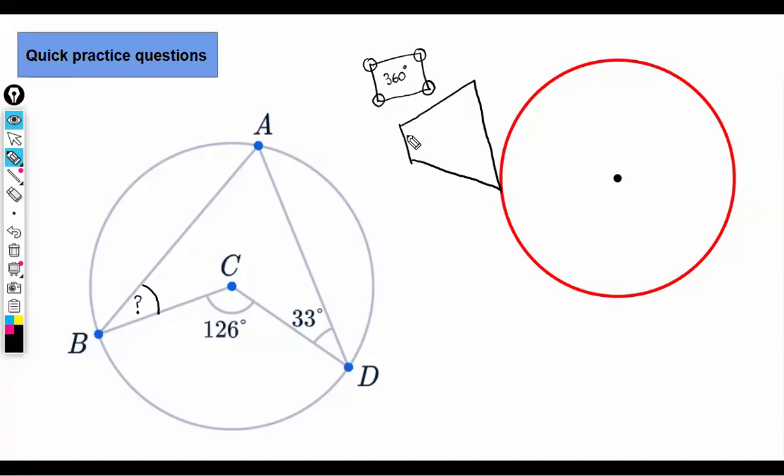In fact, any 4-sided figure, I don't care if it's a weird looking 4-sided figure, or better known as a quadrilateral, when you add up all 4 angles, you always get 360 degrees. Using that and the knowledge from today's rules, I want you all to figure out the size of angle B.